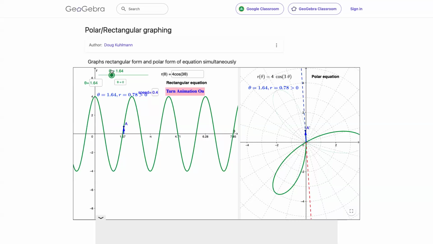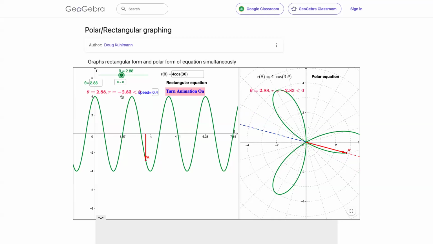Then the graph goes to pi by 3. Do you see what happened? The 4 cos 3 theta graph is not yet complete. So you want to keep going till the graph goes to the original position. See what happens. At pi, it goes to its original position. Any questions here?